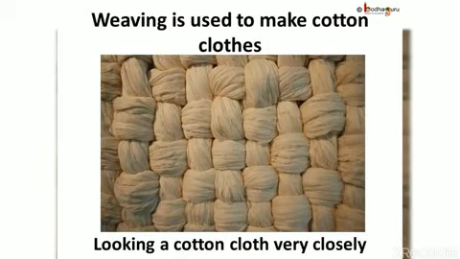Which process would we follow to make clothes? Knitting or weaving? To make cotton clothes, the weaving process is used. That is, two sets of yarns are used to make arrangements of yarn while making cotton cloth.